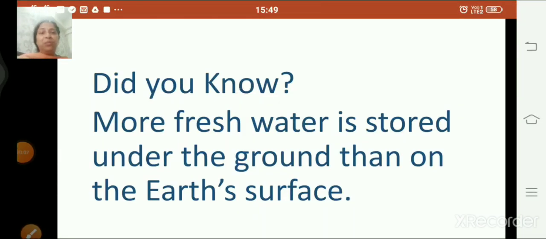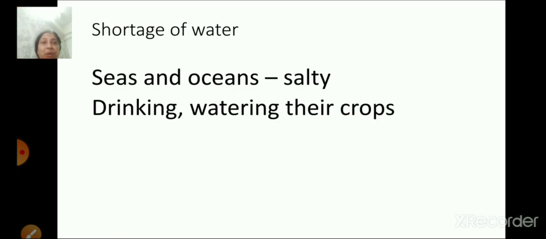Children, did you know more fresh water is stored under the ground than on the earth's surface? Okay, our next topic is shortage of water. So children, now tell me, there is so much water in the oceans, seas, rivers and lakes, but we still have a shortage of water in many of our cities and villages.